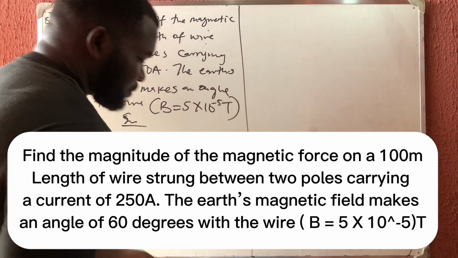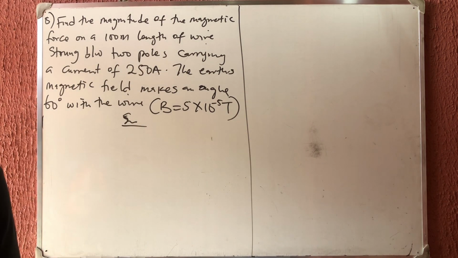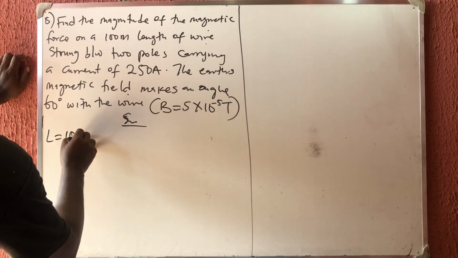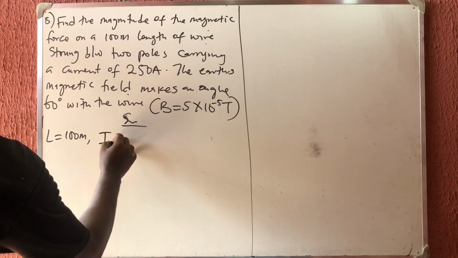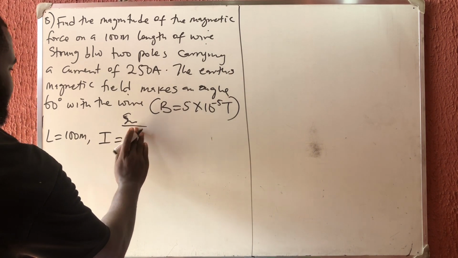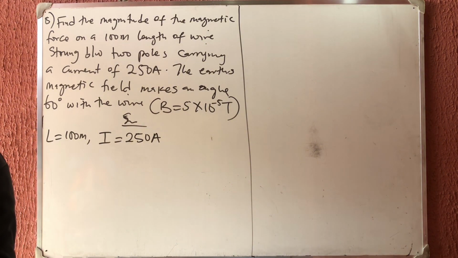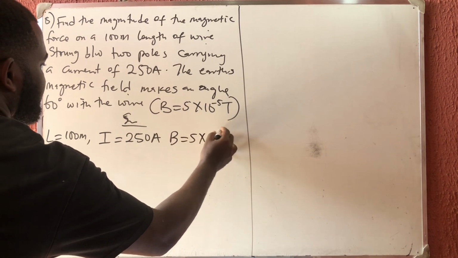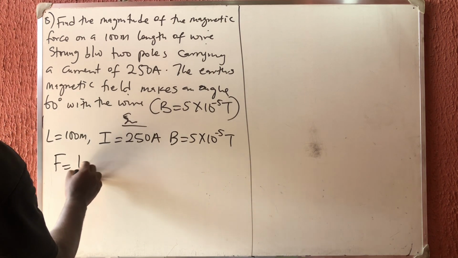Solution. Now, parameters, what did they give us? They gave us L. Our L is equal to 100 meter. They gave us our current, which is 250 ampere. What else did they give us? They gave us our B, which is 5 times 10 raised to power minus 5 tesla. But I know that my F is equal to BIL sine theta.